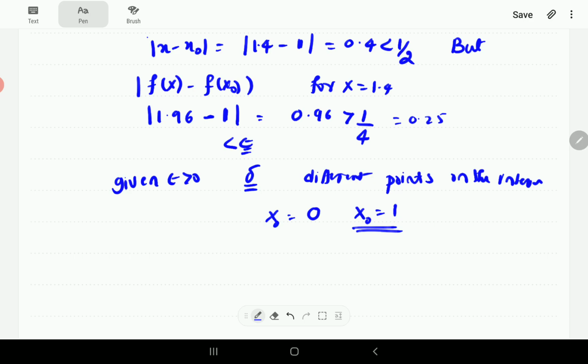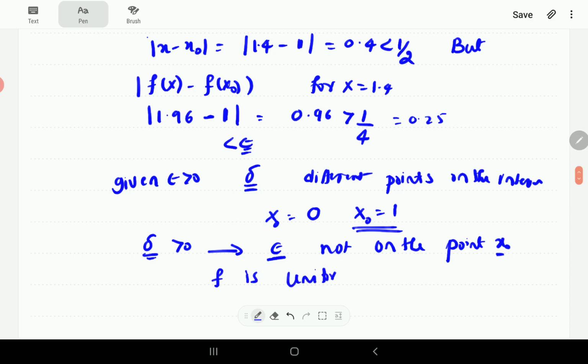So if for a continuous function f, given epsilon greater than 0, we can find a uniform delta greater than 0, which depends only on epsilon and not on the point x naught at which the continuity is considered, then we say that f is uniformly continuous.